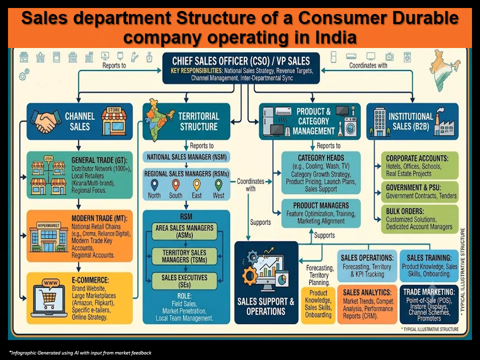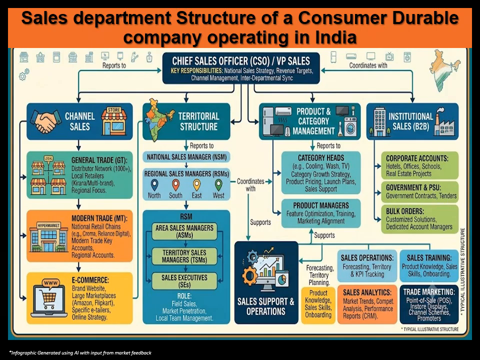The territory sales manager reports to the area sales manager, the area sales manager reports to the regional manager, and further to the national sales manager. So this is a typical structure of the sales team. The role of the sales executive is generating sales, field sales, getting sales from the market, having deep market penetration, and managing the local sales distribution team.